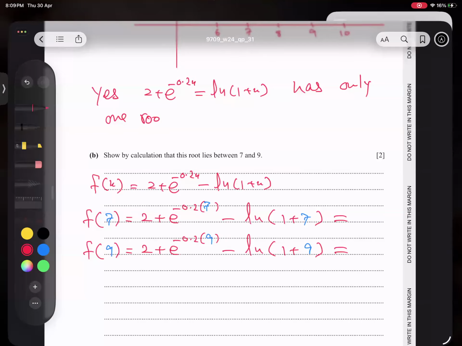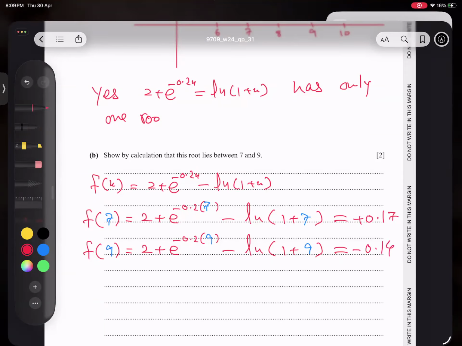So first is 2 plus exponential to power negative 0.2 times 7, and negative logarithm of 1 plus 7. I'm getting a positive answer here, 0.16 or 17. And if I replace every value by 9, I'm going to check it, and I'm getting the answer negative 0.14, students.